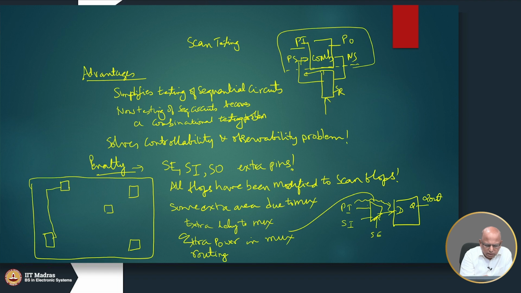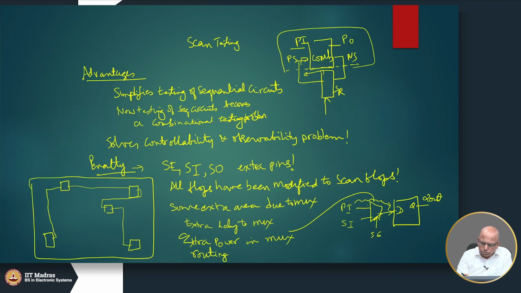Okay. And then it has to go here and then maybe here and maybe here. These wires are extra, they were not there in the original design. Okay. So, we have extra routing, okay, and that is a headache.